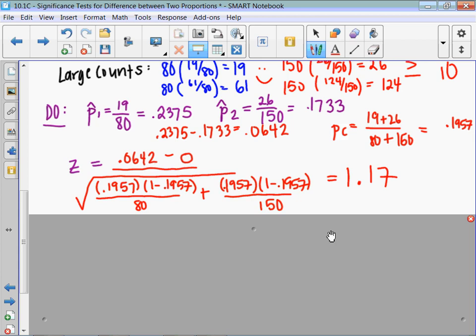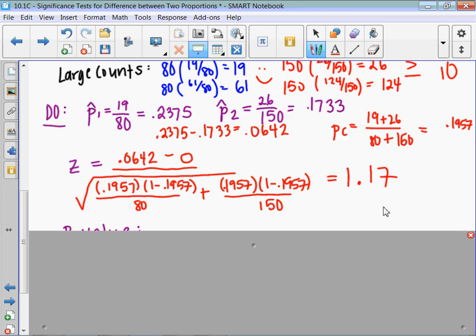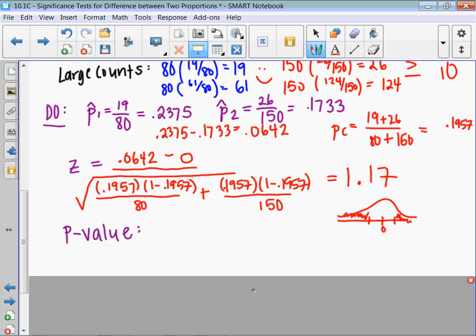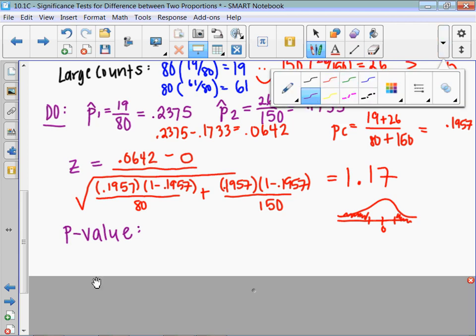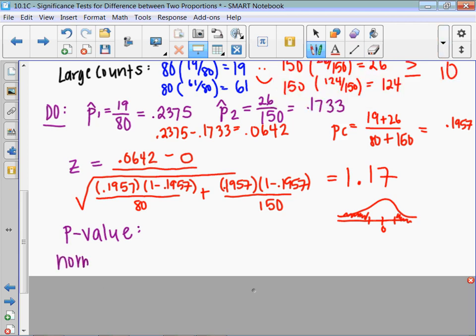Now remember, this is two-tailed, so when you draw your normal curve, not very straight, but there you go. 1.17 going this way, negative 1.17 going this way, okay? So p-value is the area under the curve, and we use normal CDF. Remember to label.